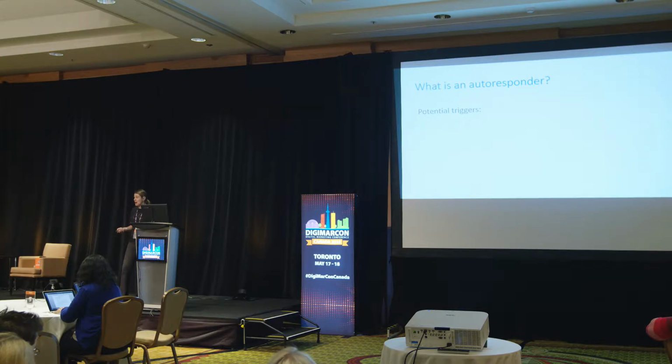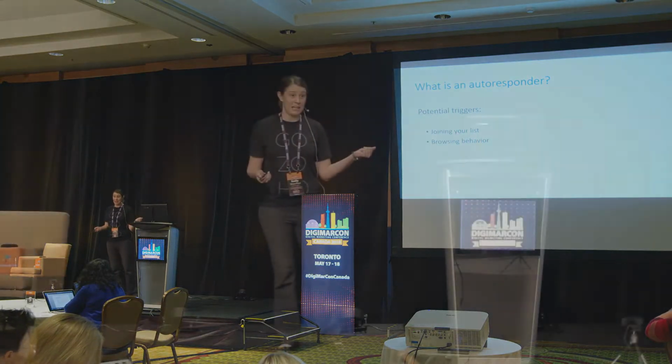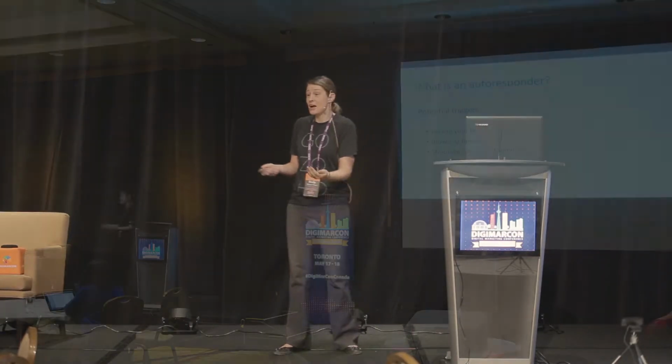Potential triggers can be a lot of different things. It can be joining your list. It can be browsing behavior, right? You can tell from your heat maps that this person has stopped over a specific product a couple of times, and you can send out an email to them encouraging them to buy. It can be shopping cart abandonment.